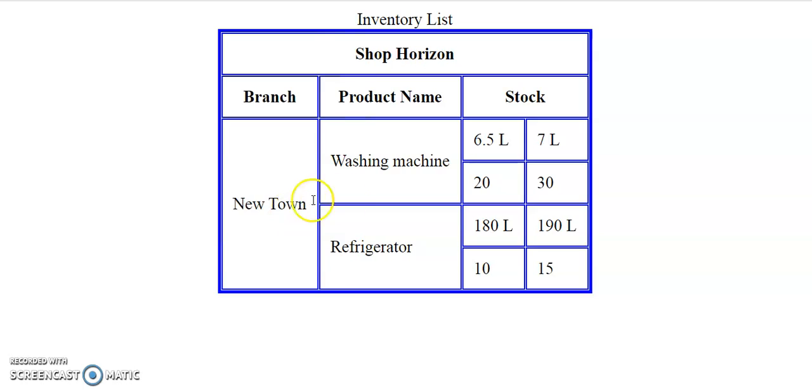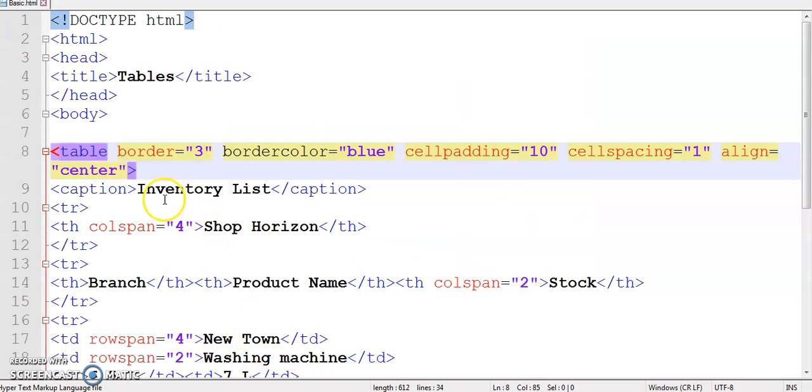Now all the designing done, let's come to the coloring of your table. You can add color to your table. You used the bgcolor attribute to add color to the web page. You can use the same attribute here to color your table. So the bgcolor attribute also applies to the table.